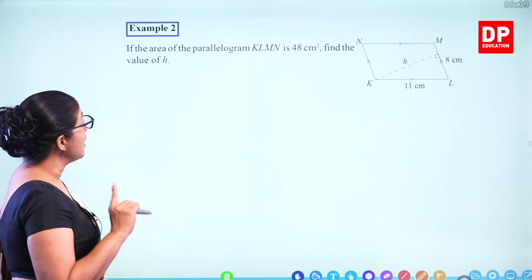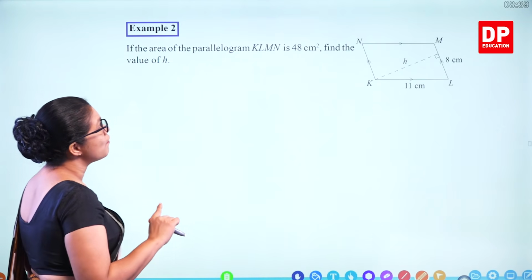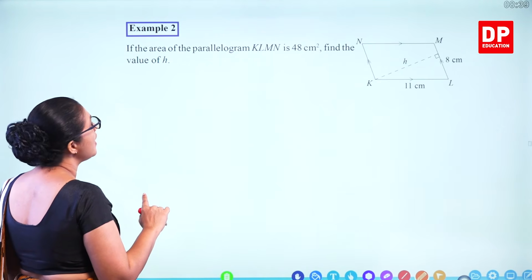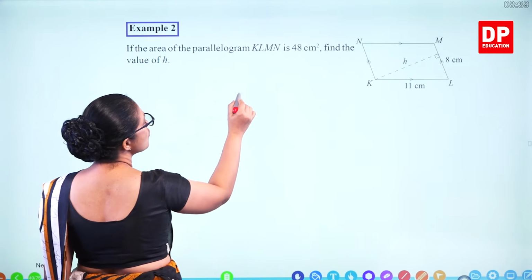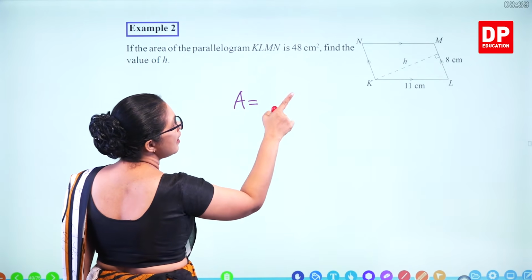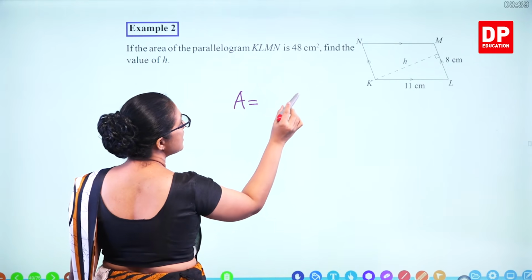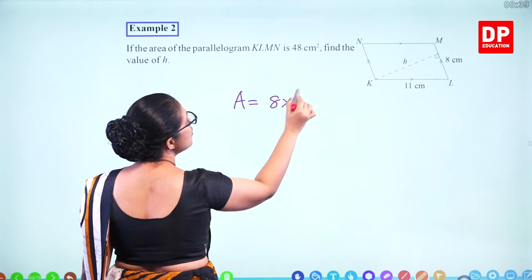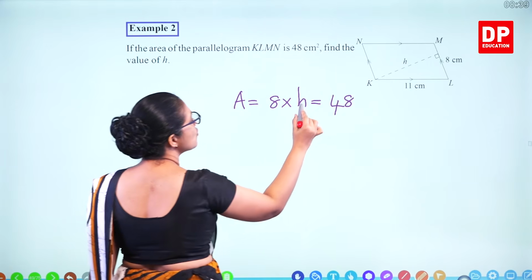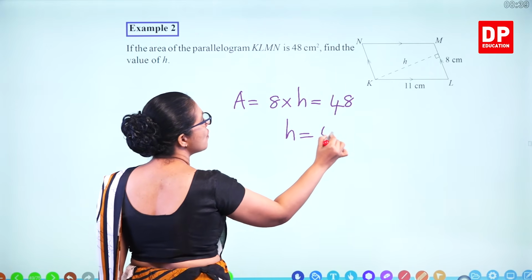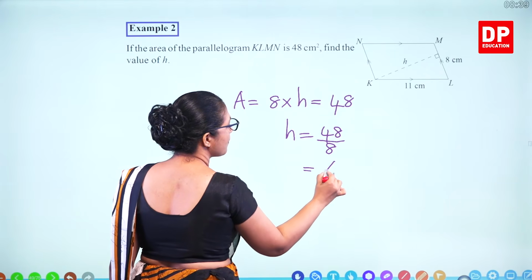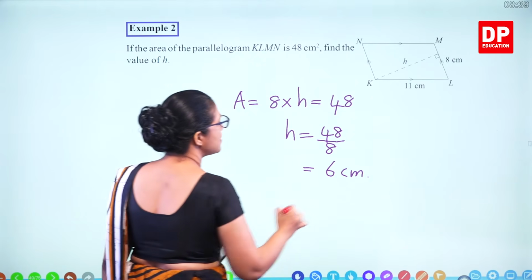It's given, if the area of the parallelogram is 48 square centimeters, find the value of H. So area is 8, the base length there, 8 into H. That's equal to 48. So how do we find out H? 48 divided by 8. 6 centimeters.